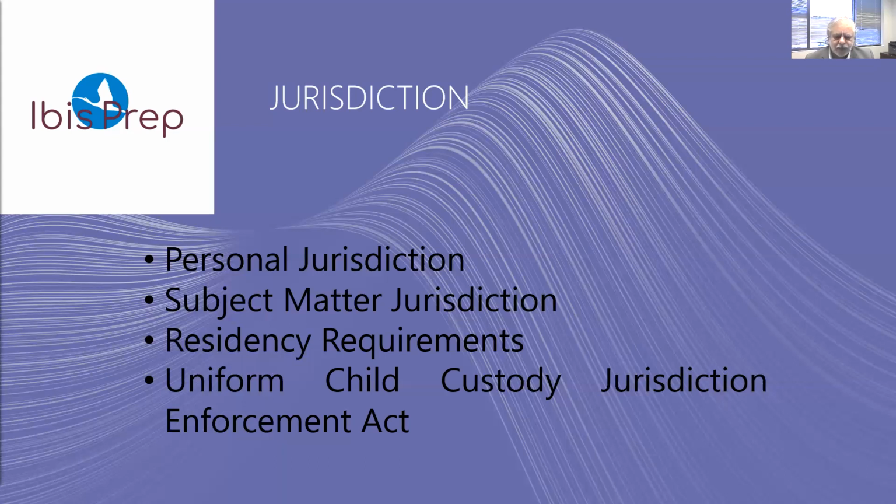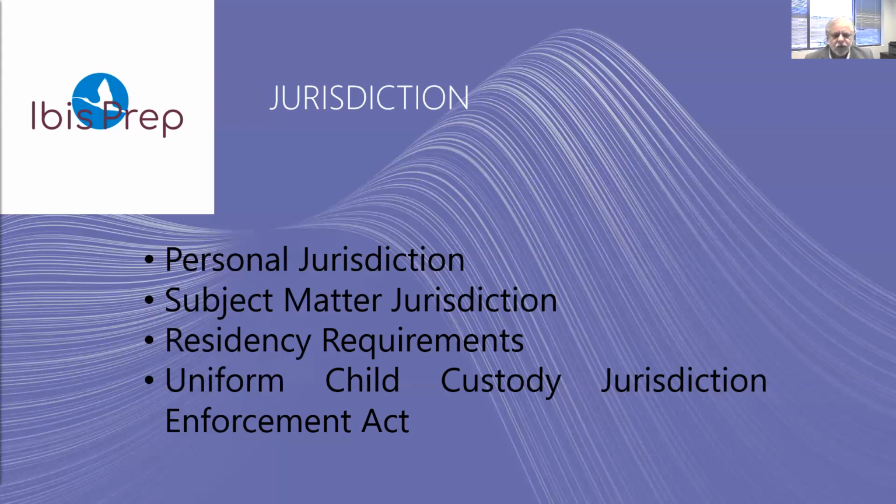And so that home state only applies once that child's been here. So if this child's been here 5 months and 29 days, Florida is still not the home state for another few days. However, Florida can take emergency jurisdiction over a child if it's not the home state, if there is some threat of removing that child from the jurisdiction, at which point you get the wonderful task of having what's called a UCCJEA judicial conference.